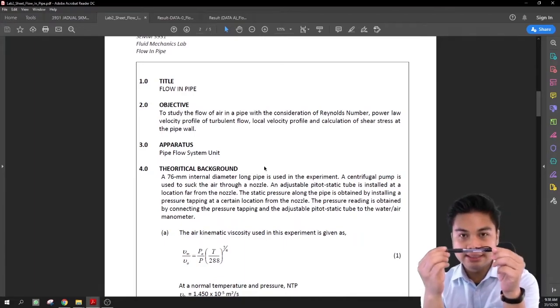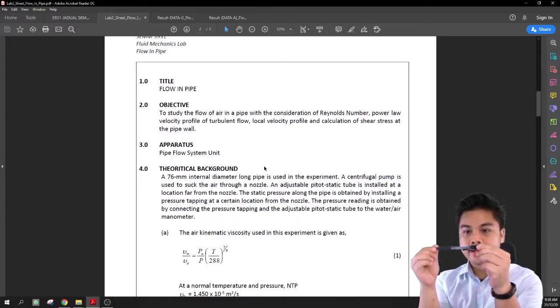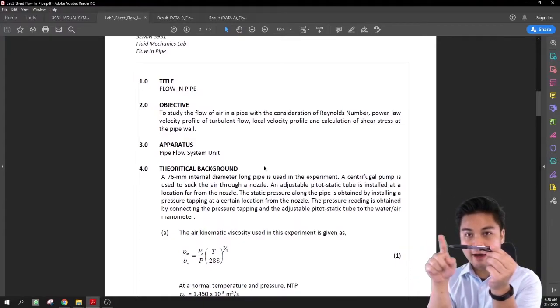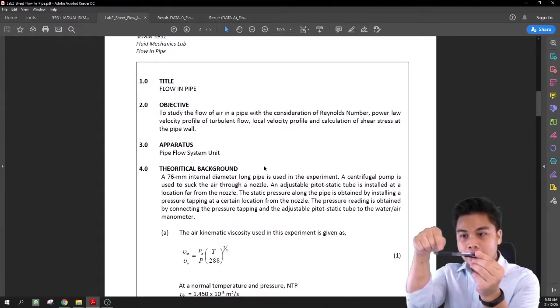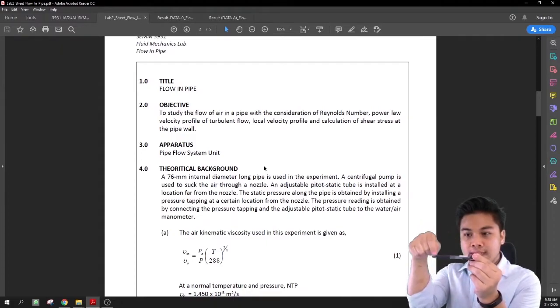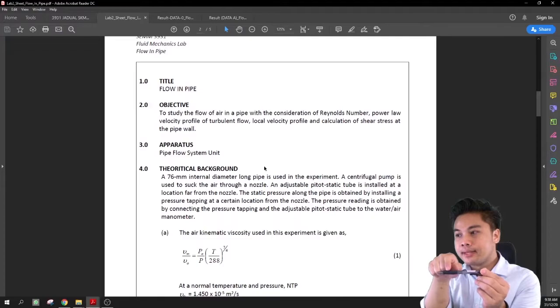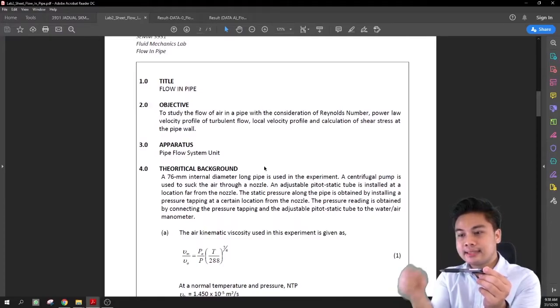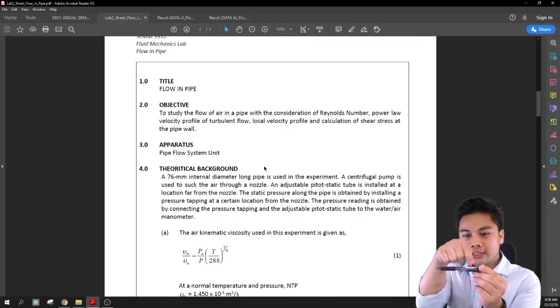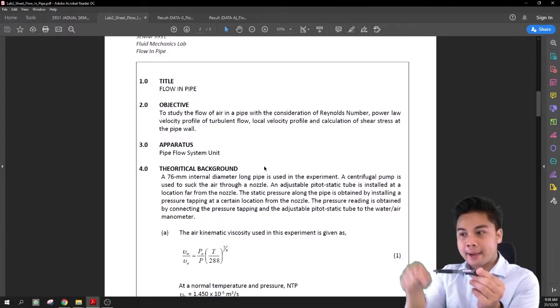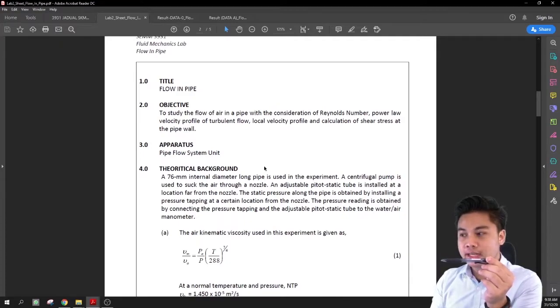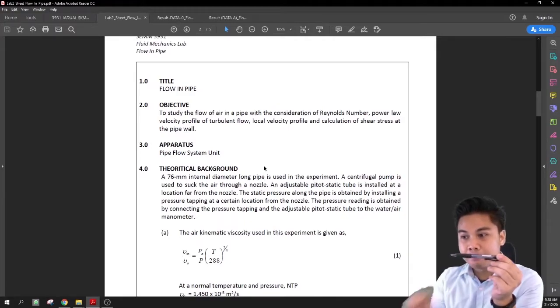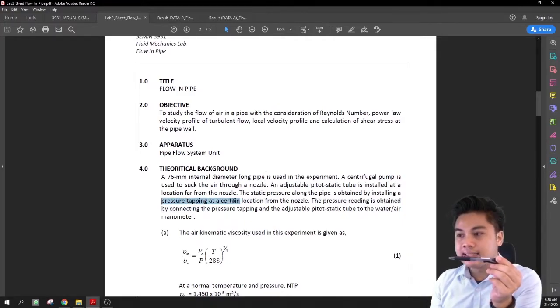For example, this is a very long pipe, and then we have the nozzle, and then we have the centrifugal pump. Along the pipe, we install the tapping here, as mentioned, for static pressure. We measure every static pressure along the pipe by installing the pressure tapping at a certain location from the nozzle.